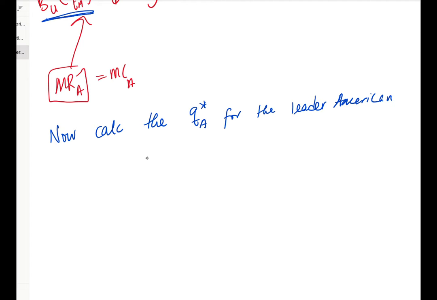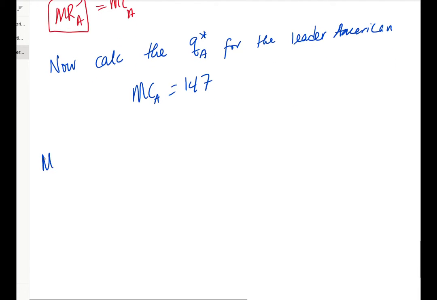In other words, we need MRA equal to MCA. Okay, so MC for American is also 147. That's great. Let's get MR. MR for American is the derivative of total revenue for American with respect to American quantity. So let's do that. To do this, we need total revenue, right?